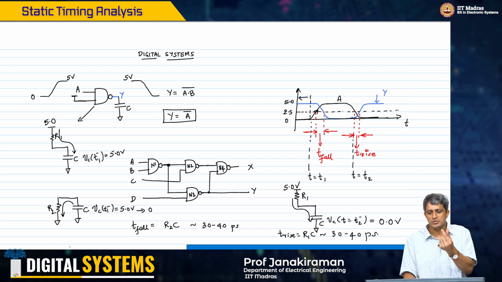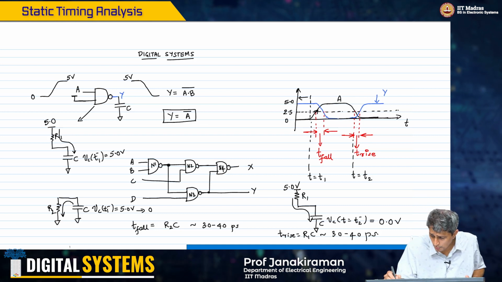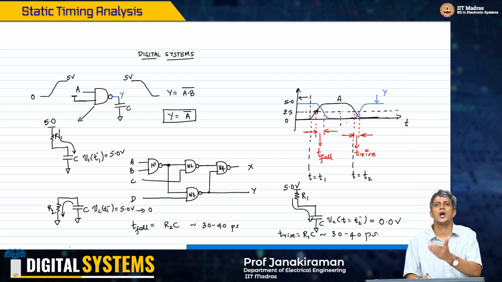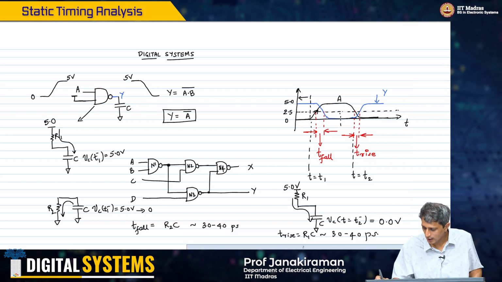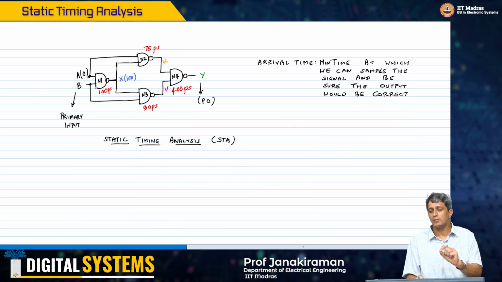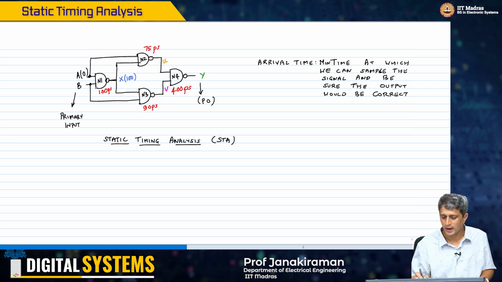So in some sense we are saying you got to sample it at least after the arrival time, and be sure that, if I sample the output here, I know the output will be 0, but if I sample it much before, I know the output might not stabilize to its final value and therefore that's an issue. That's why we are saying what is the minimum time at which we can sample the signal to be sure the output would be correct. That is what we are talking of as arrival time.